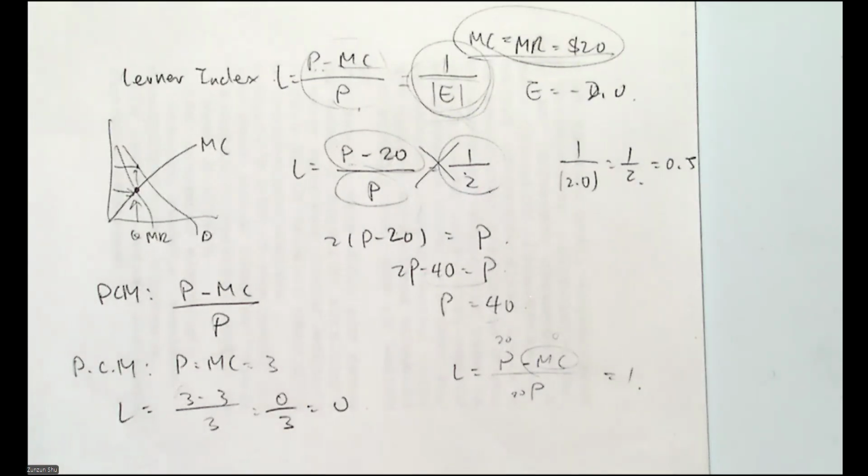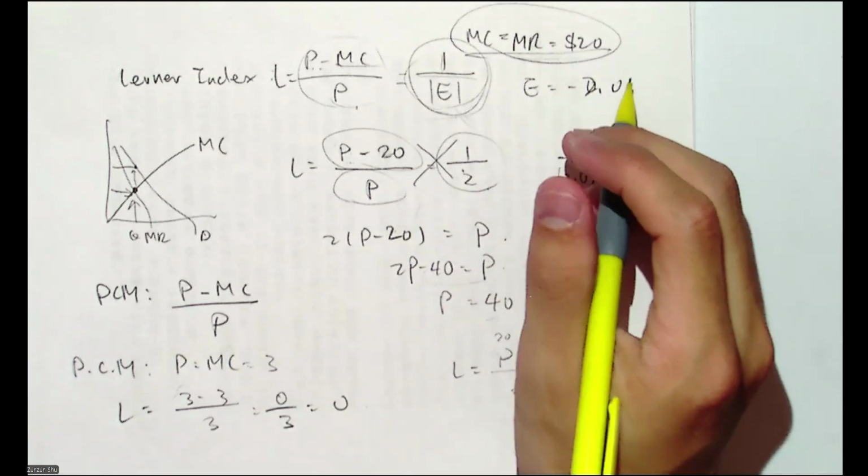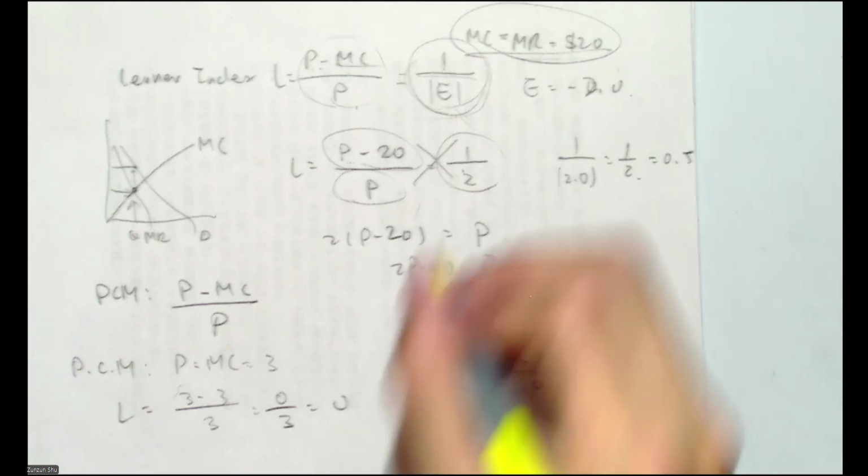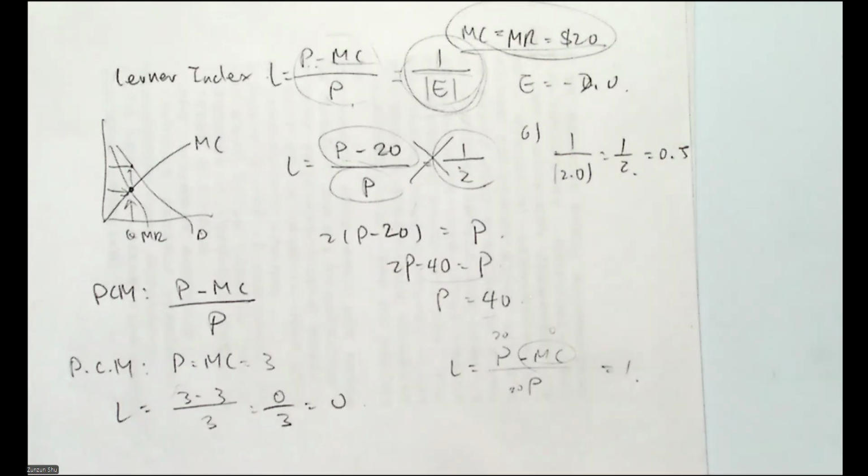Did she teach you guys this? It's 1 over elasticity, 1 over 2, so 0.5. Now, also, it will never be greater than 1, so the 2 you can automatically erase.